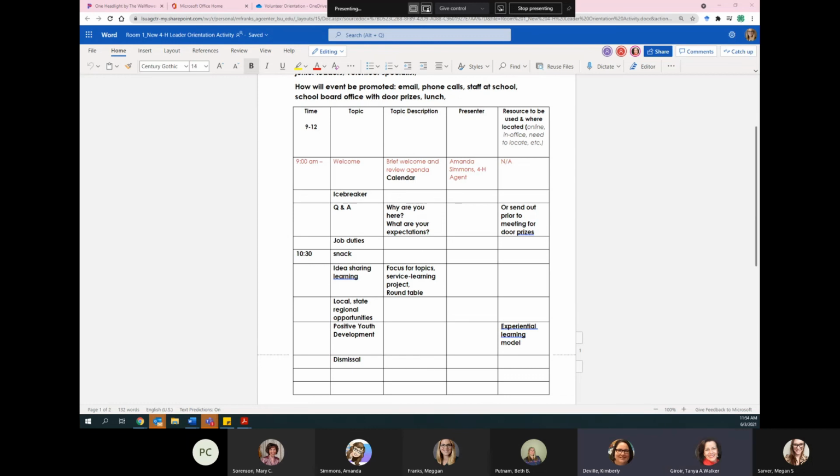So we were going to have it in the morning: icebreaker, question and answer session, and go over their job duties, have a little snack, have idea sharing, like service learning projects, all kind of programming, what each school does kind of thing. And then local, state, and regional opportunities, including master volunteer, and then just talk about positive youth development using the experiential model, and then let them go eat lunch together, and we'll kind of be done with it.